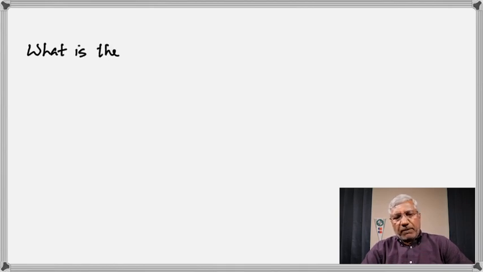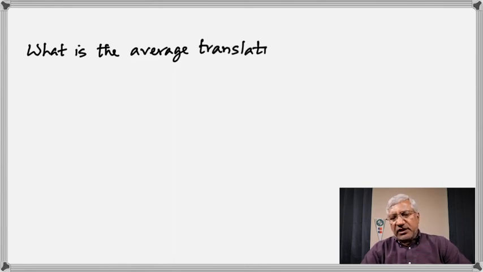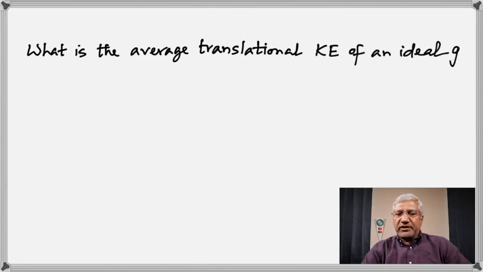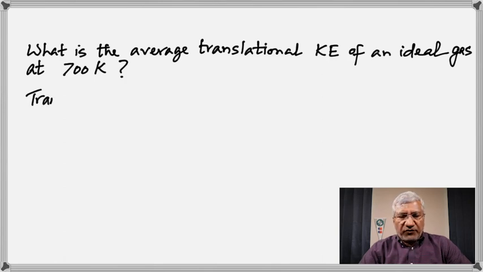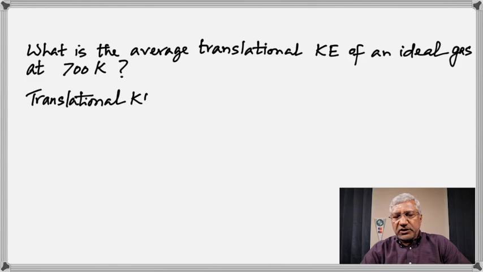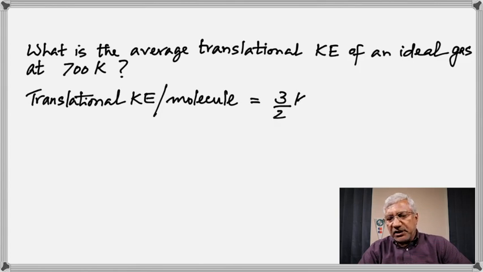So here is a question. What is the average translational kinetic energy of an ideal gas at 700 Kelvin? We know the formula that the translational kinetic energy per molecule, remember it's per molecule, is 3/2 kBT.